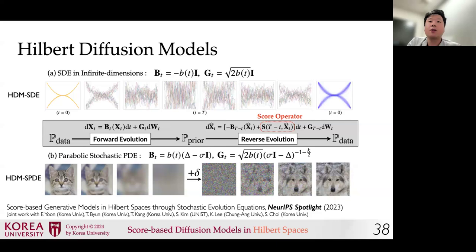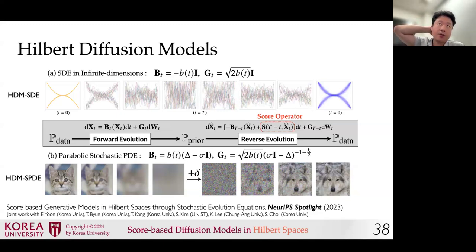As you can see, HDM SDE, which uses the SDE in infinite dimensions, is designed for functional generation. Because we want to deal with functional generation in function spaces, this is a natural choice. And HDM SPDE is designed for image generation in the finite dimensional space.